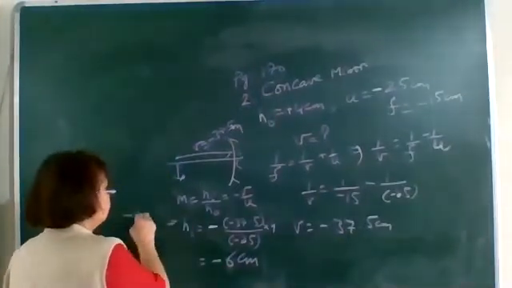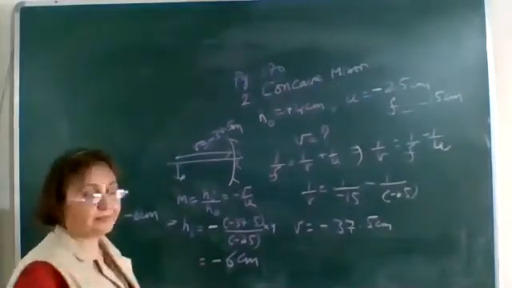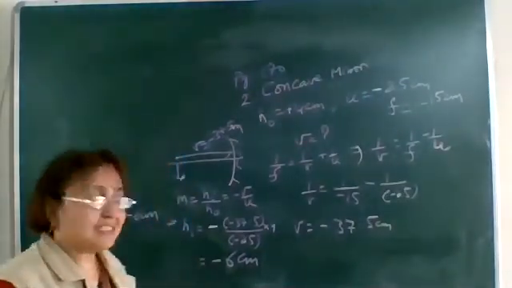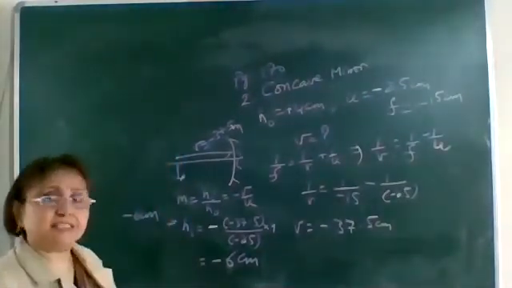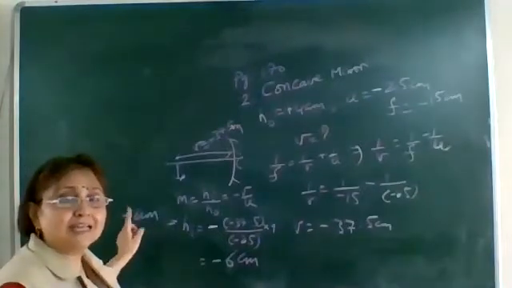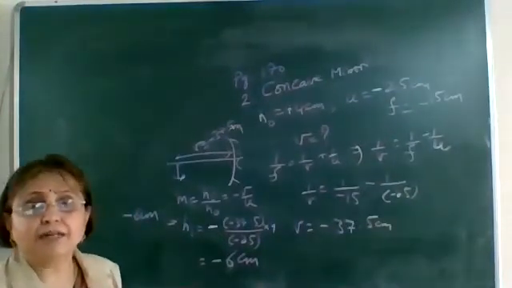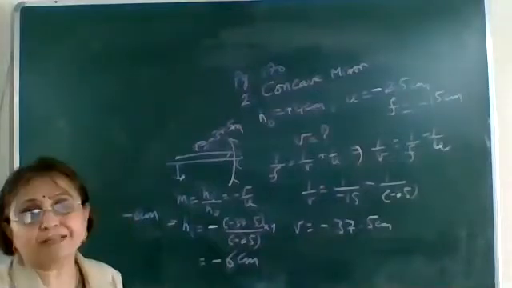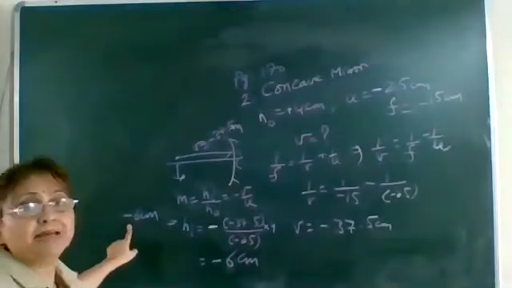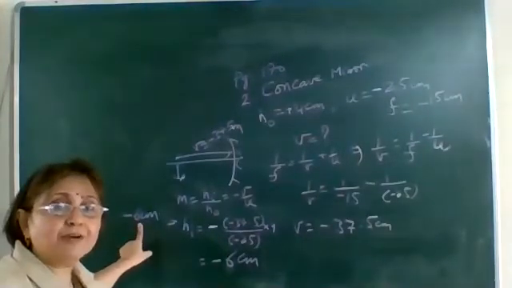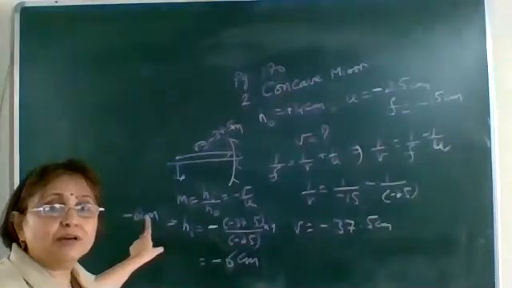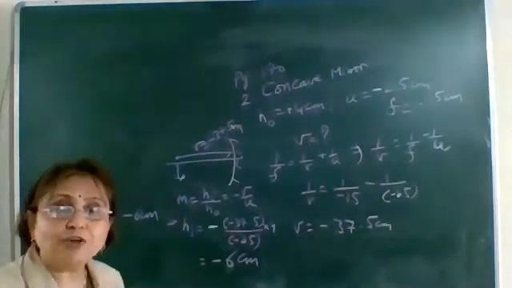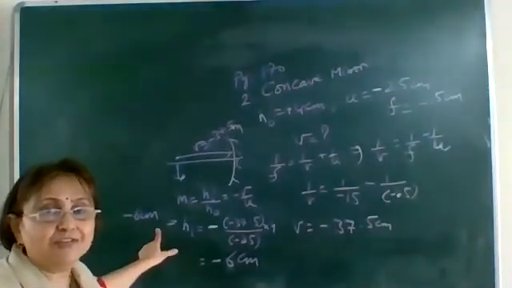That is, the height of the image is minus 6 centimeter. What is this negative sign indicating? Negative sign indicates that the image is formed below the principal axis. Height of the image is negative. What type of images are formed below the principal axis? Real and inverted.